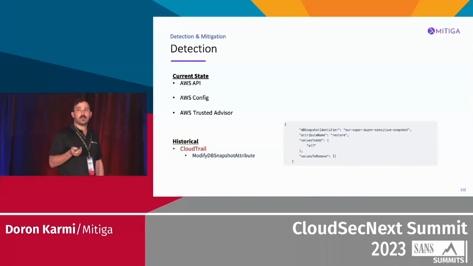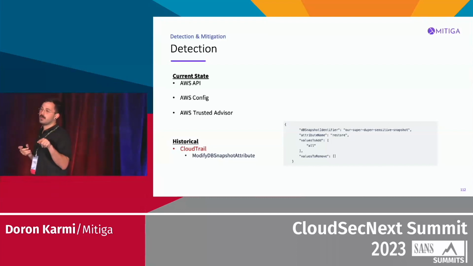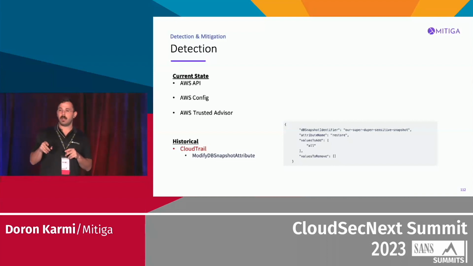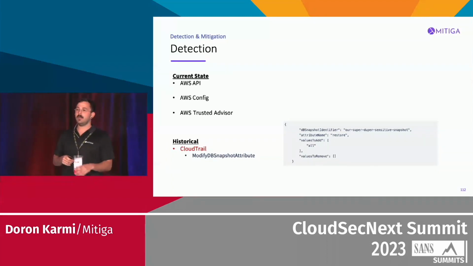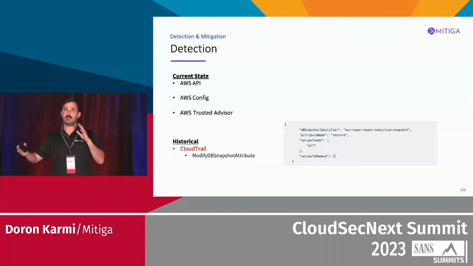Another thing that is important to know is for how long this snapshot was exposed. So you would need to search for the same event, ModifyDBSnapshotAttribute, for the same attribute name restore, but this time you would need to search for values to remove all, and then you understand that this snapshot was exposed between this time and this time.